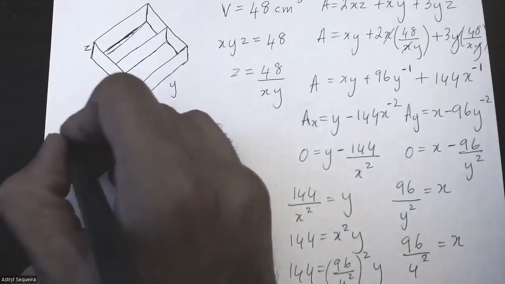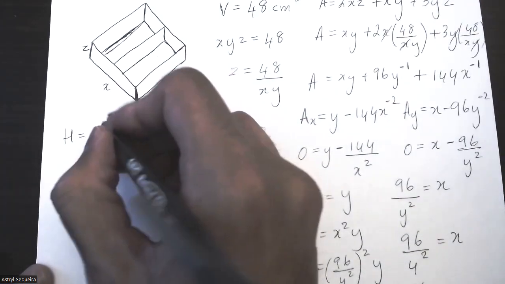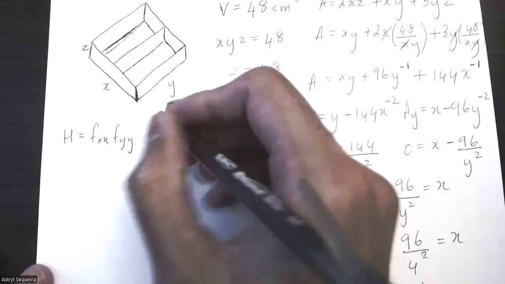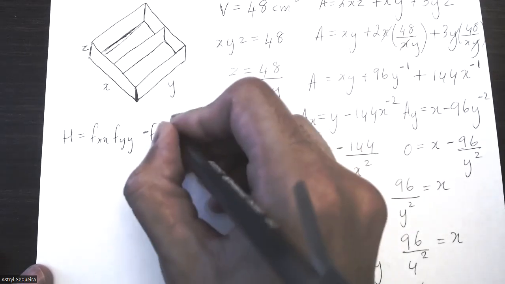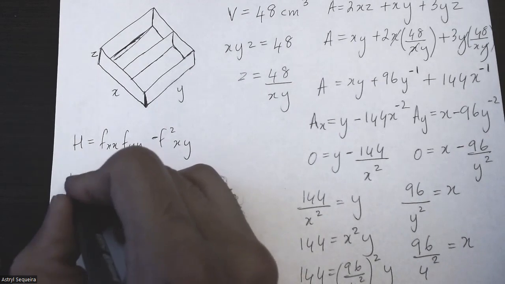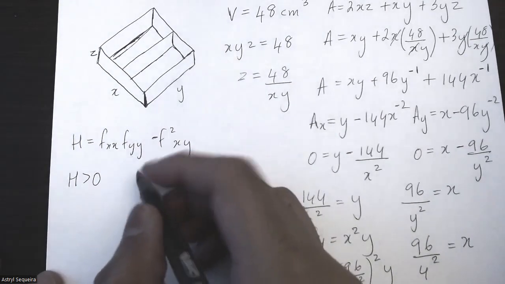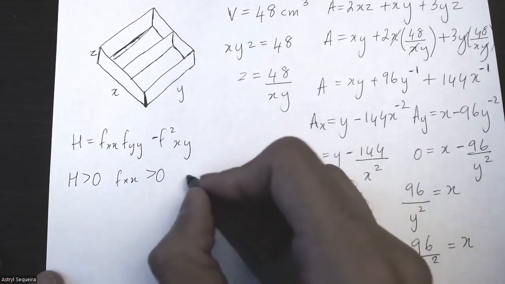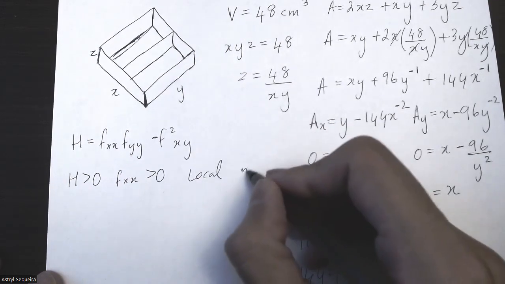So the Hessian matrix, if I simplify it, is basically fxx times fyy minus f squared xy. And if h is greater than 0 and fxx is also greater than 0, then we know it's a local minimum.